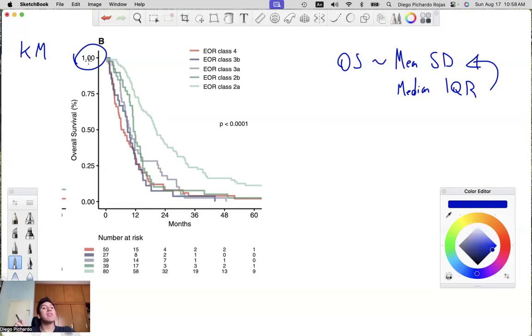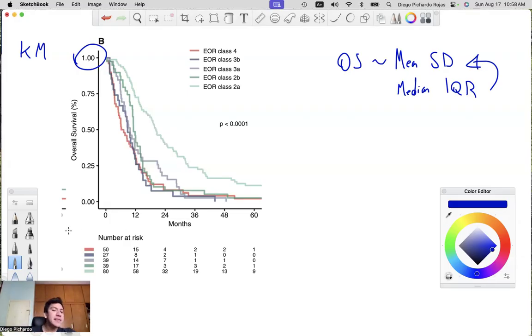So if we begin with 100% of our population, and on the x-axis we have time, how long do they take to reach a specific outcome? As an example, in this study we have overall survival, so we're analyzing when they reach the outcome of dying. When do they die?